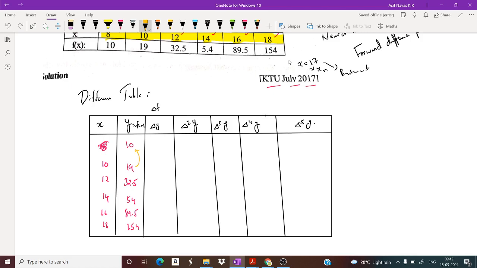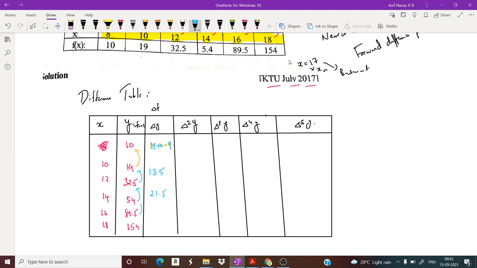So delta y1 is 19 minus 10, which is equal to 9. Next, this minus this: 32.5 minus 19, that is 13.5. Next, 54 minus 32.5, that is 21.5.